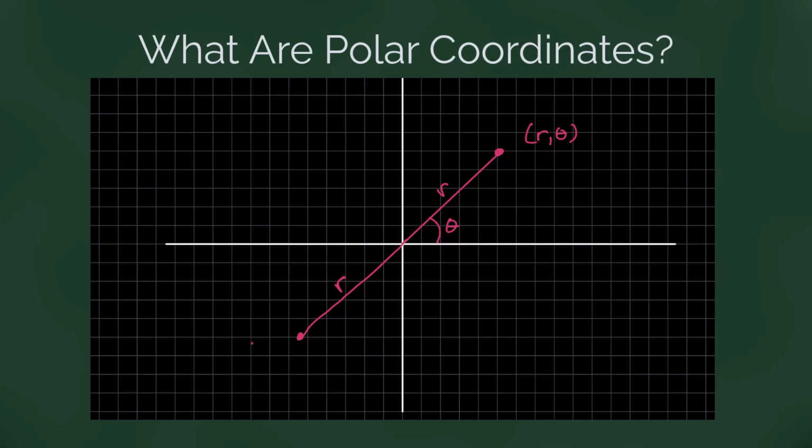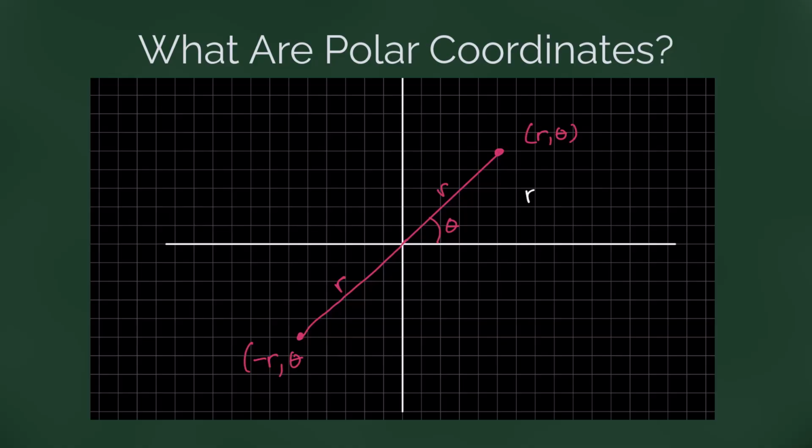The coordinates of this point are going to be (negative r, theta). So in other words, the point (r, theta) and the point (negative r, theta) are images of one another through the origin.